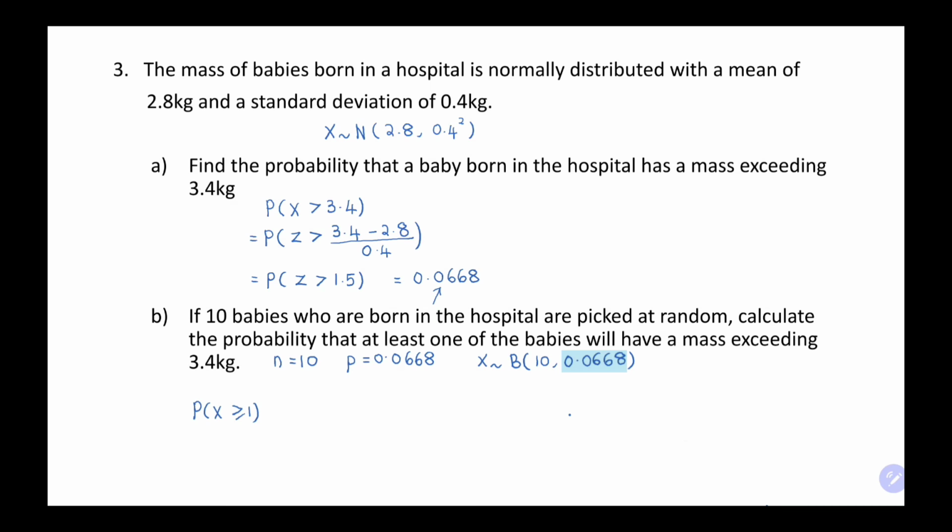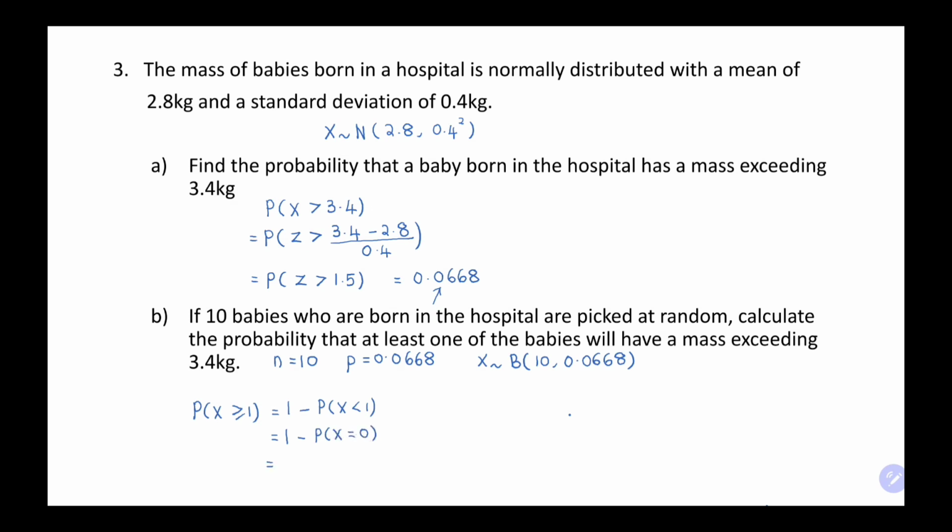So we have to use another way, which is the formula method. The formula method means we need to find X equals 1, 2, 3 until 10, but it is too long to calculate 1 to 10. So we use 1 minus P(X less than 1), and P(X less than 1) refers to P(X equals 0) only.